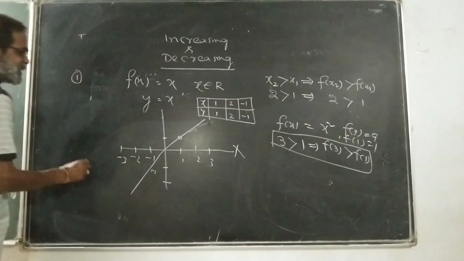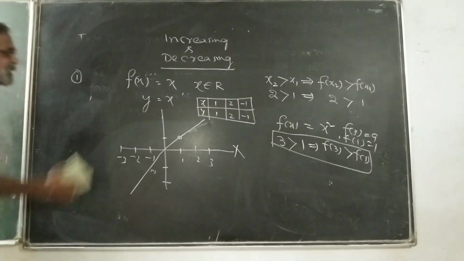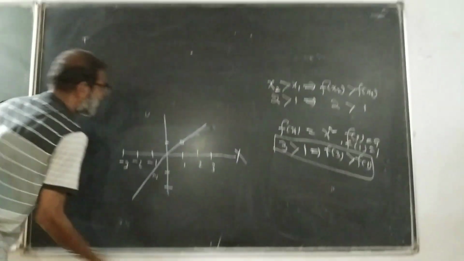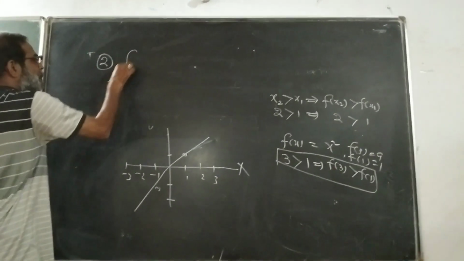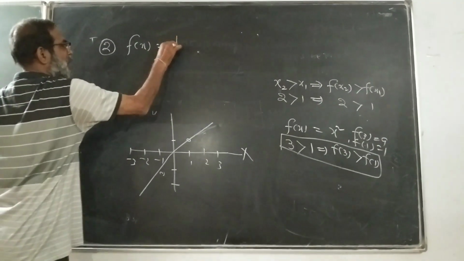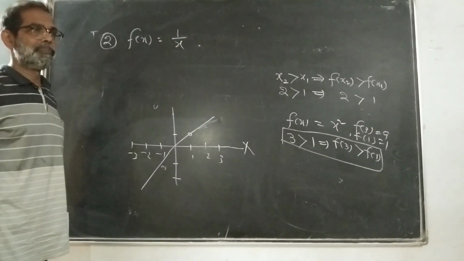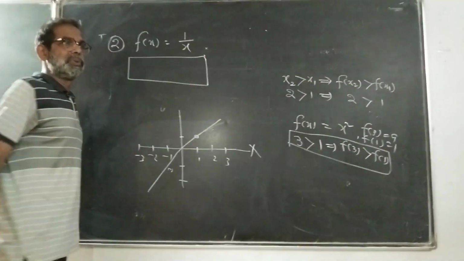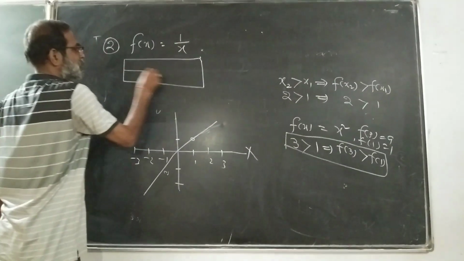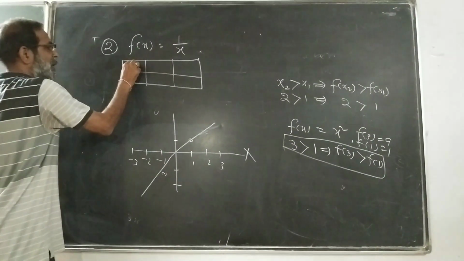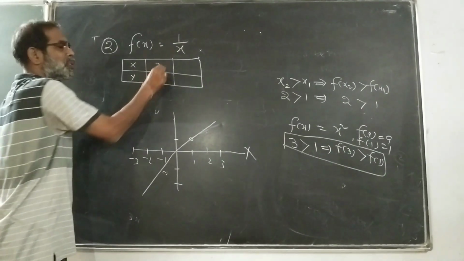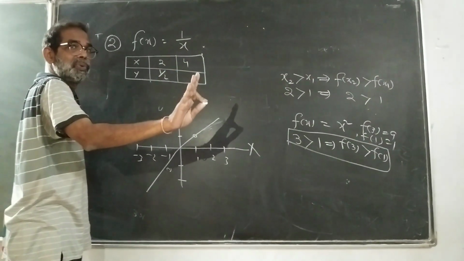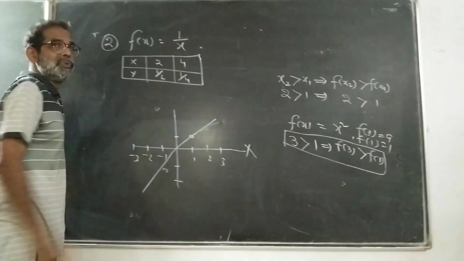Suppose I take a second example, f(x) equals 1 by x. Look now: x is 2, y is 1 by 2; x is 4, y is 1 by 4.